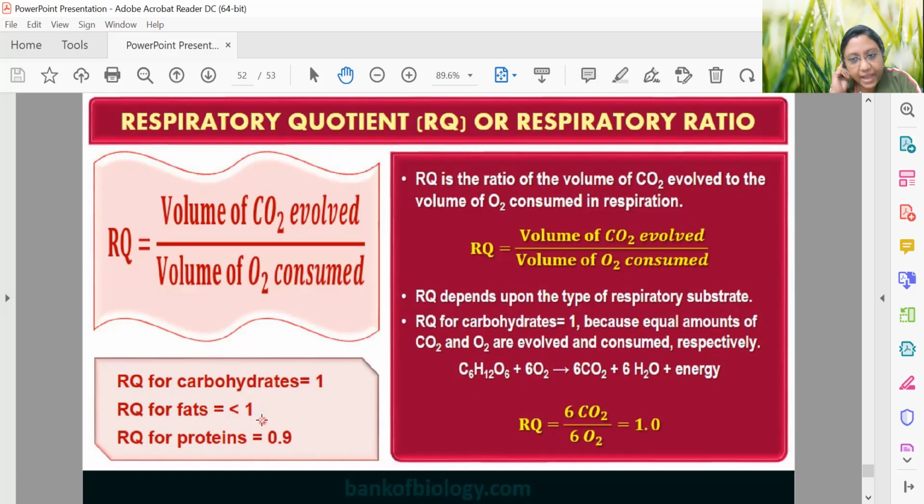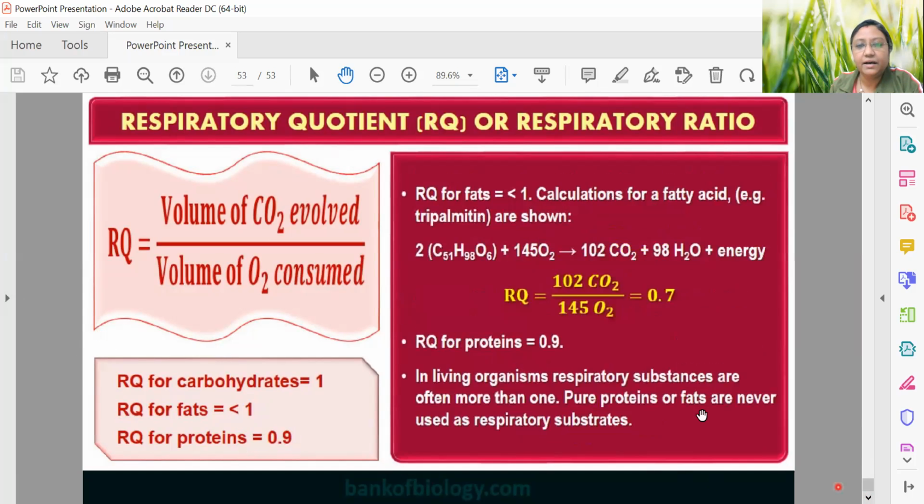Because in case of fat, it takes a lot of O2 consumed with respect to CO2 released. And for protein, it is 0.9. So by looking into the RQ, you can identify whether the respiratory substrate is protein, lipid or carbohydrate.